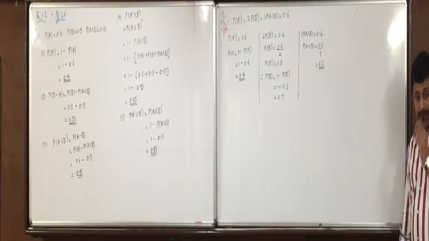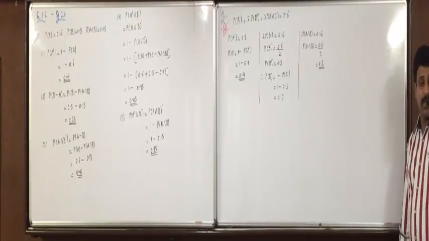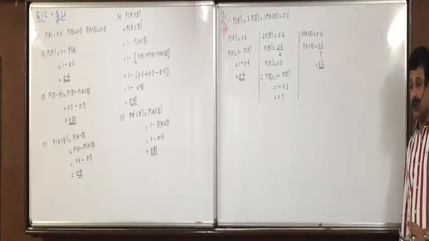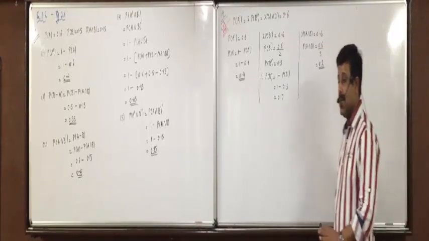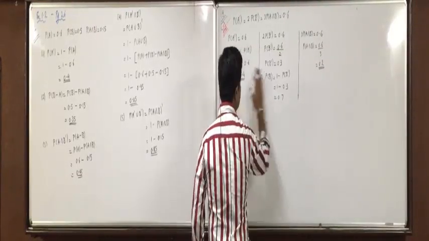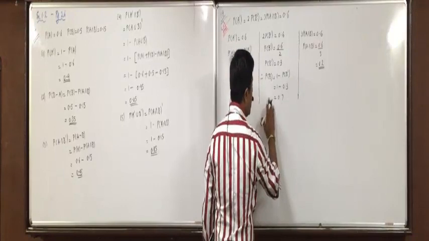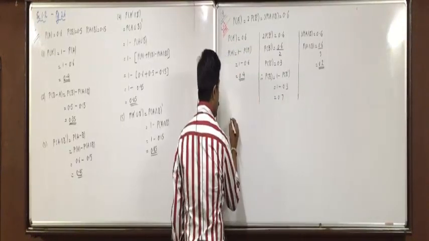Understood this, everyone? Now we can apply the formulas. Two things are asked, direct formulas to be used. What two things are asked? A minus B, so A minus A∩B, and B minus A, B minus A∩B.